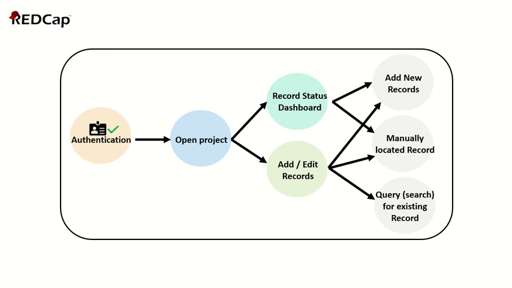At this place, I can do any of three items. I can add a new record in both of these locations. I can manually look up a record. And if I don't know exactly what record ID it is, but I have some information, so I want to query it, I can only do that in the Add Edit Record section. I could query and search for an existing record.